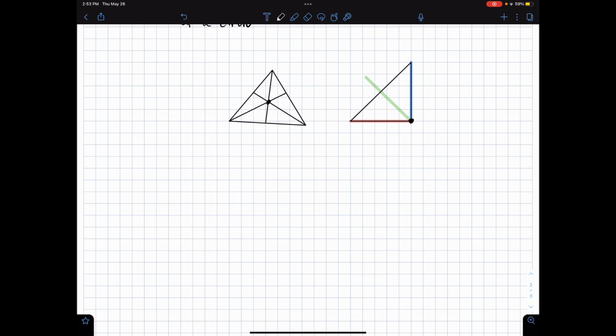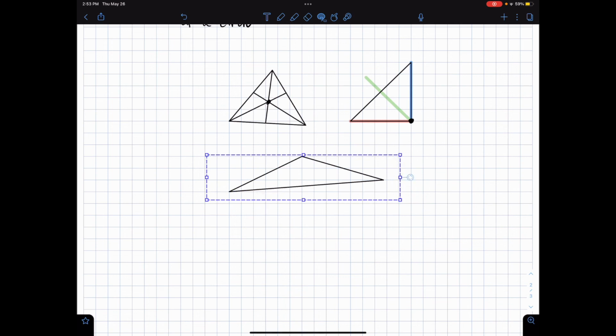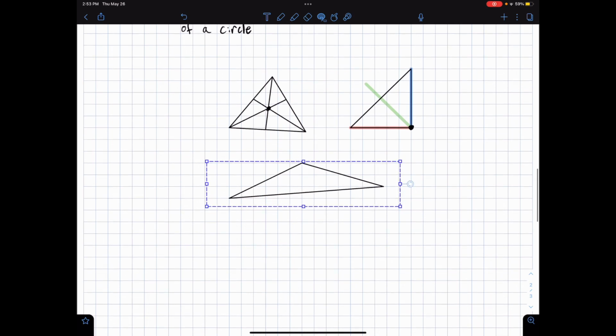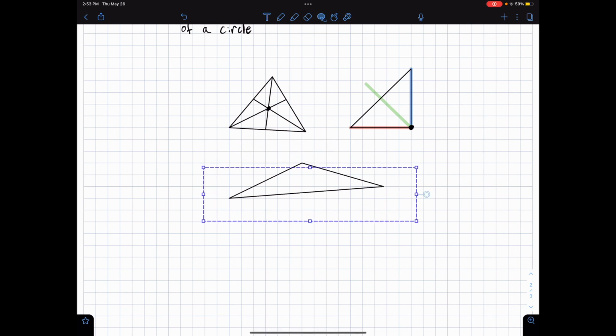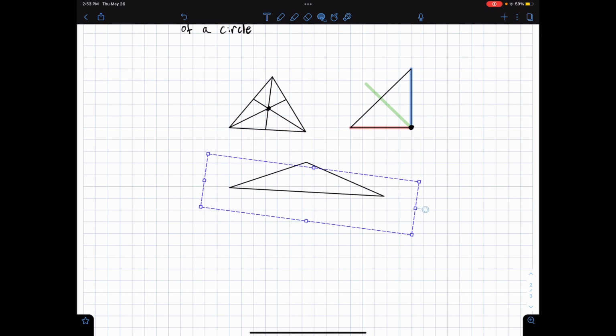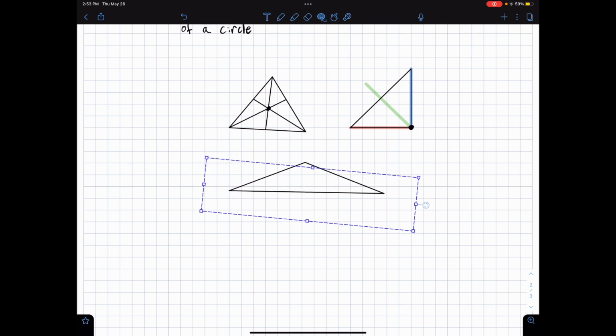Finally, if we have an obtuse triangle, which has one obtuse angle, let's do a nice big angle like that. Maybe even make it a little bigger. And I'm going to align this to the base just to make it a little easier for me to draw the heights. That looks pretty good.